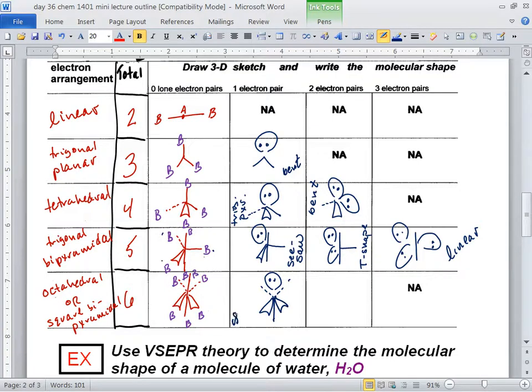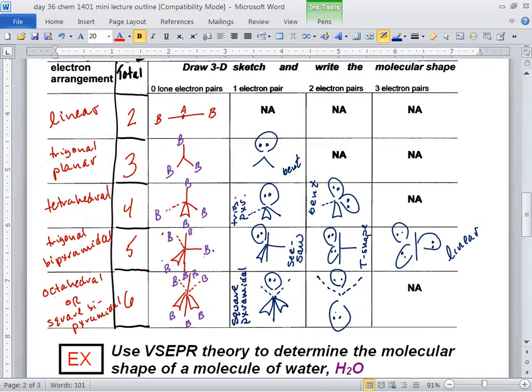And then, again, VSEPR says separate them out as much as you can, so you don't have much choice. You're supposed to pop off the bottom one, because then those lone pairs are separated as far as they can be.